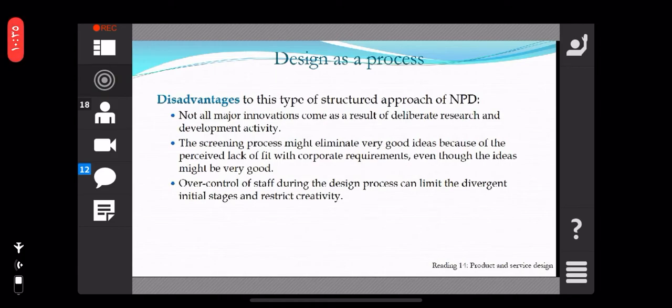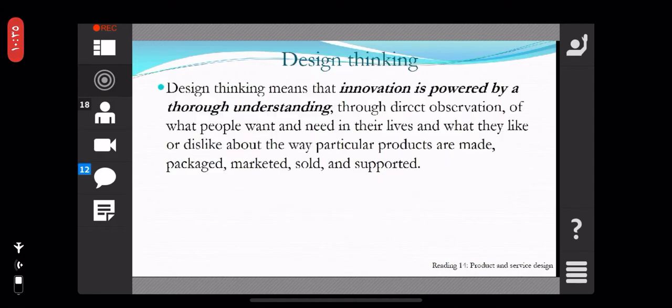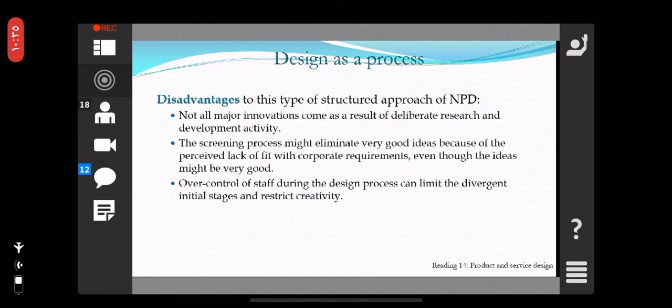When I have limitations, meaning that you blocked me, you blocked my mind, I cannot think about it. So over control of staff during the design process can limit the divergent initial stages and restrict creativity. Any limitations?